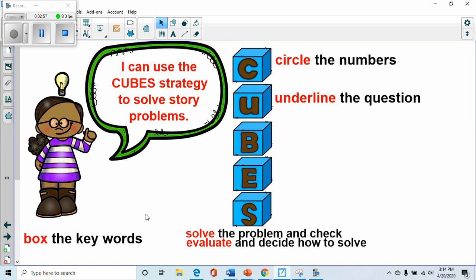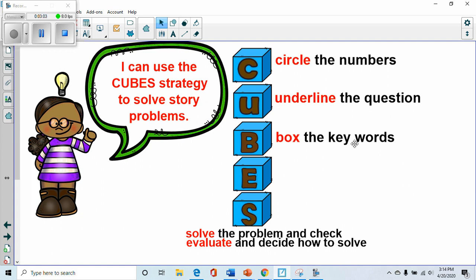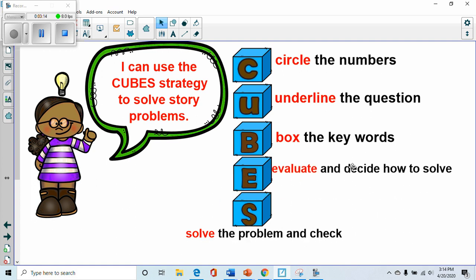The B in the word cubes reminds me to box the keywords in. The keywords are often found in the question and they help to let me know whether I should add or subtract. The E in cubes reminds me to evaluate and decide how to solve.